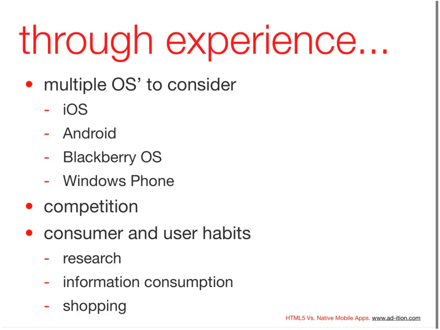In building apps and using the app stores, especially with consumer usage and smartphone adoption, we realize that we've got multiple operating systems to consider. And as we get deeper into this presentation, you'll see why multiple operating systems becomes a real pertinent factor when deciding if you're going to go HTML5 versus native mobile apps. So you've got multiple operating systems to consider.